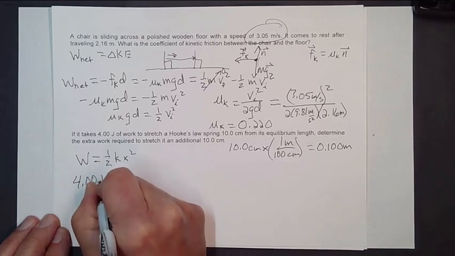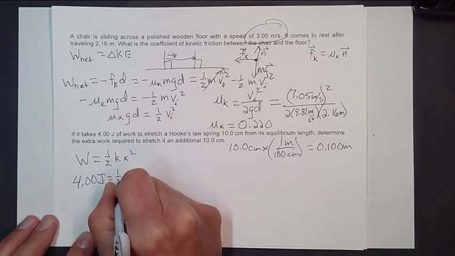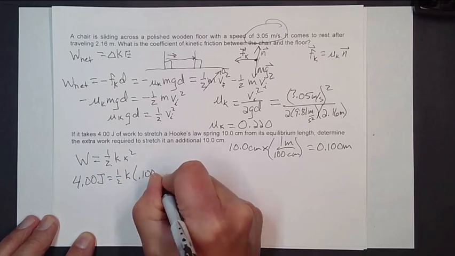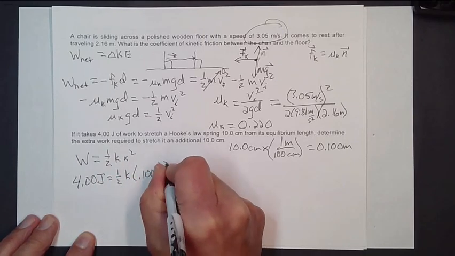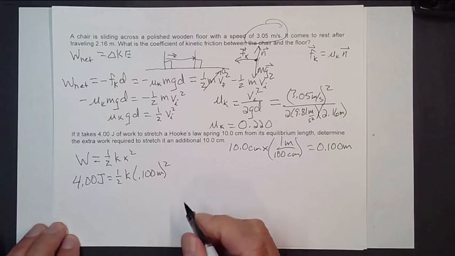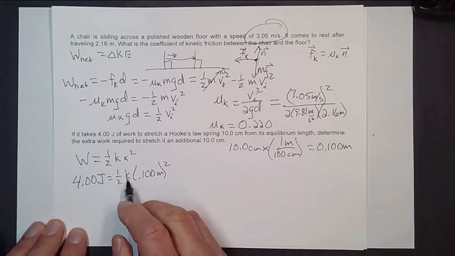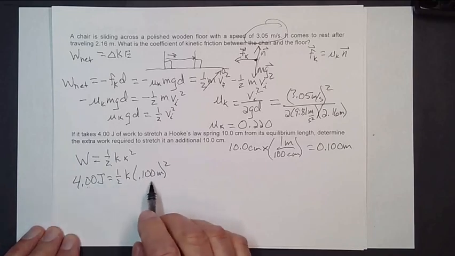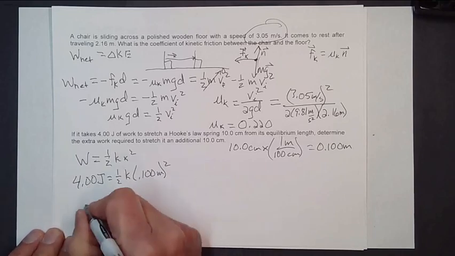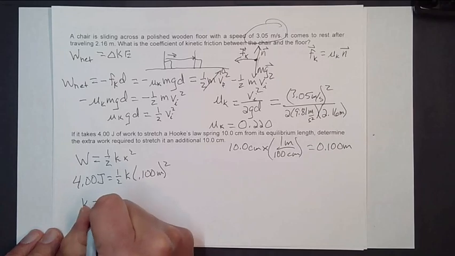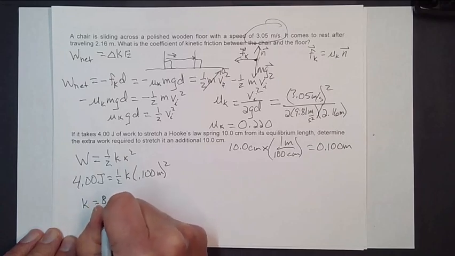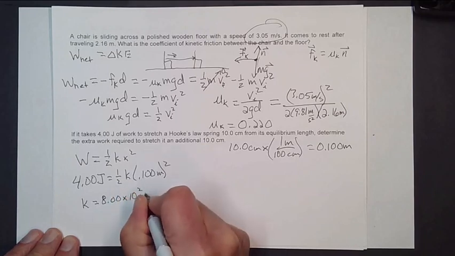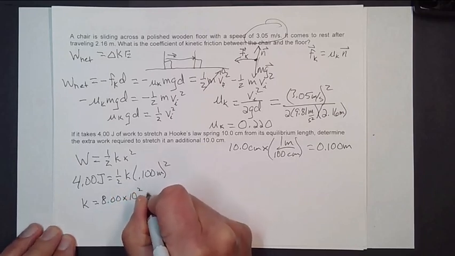And we don't know the value of k, but we can figure it out here. 4.00 joules is going to equal 1/2 times k times 0.100 meters squared. And if you solve this for k, multiply by 2, divide both sides by 0.100 meters squared, you'll find that k is equal to 8.00 times 10 squared newtons per meter.